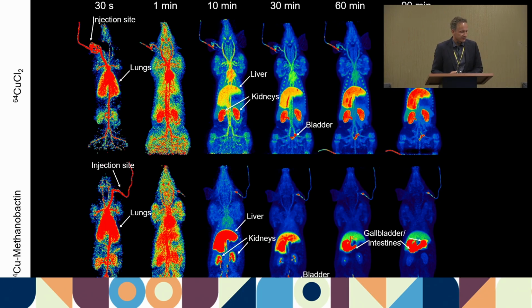So already at 60 minutes, most of this had gone to the small intestine, indicating that when combined, methanobactin plus copper use completely different transporters for uptake and excretion in the liver. And we've actually also shown this in Wilson rats, that it goes directly through the liver to the bile. So this is really promising for this new compound that I hope we're going to hear more about in the future.